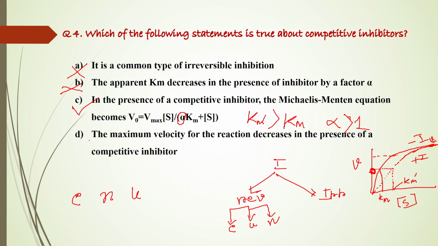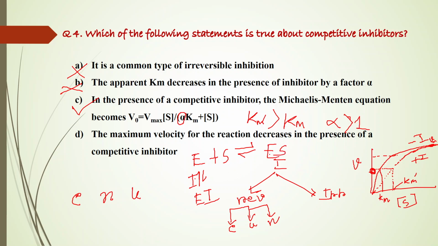Looking to the next one, the maximum velocity for the reaction decreases in the presence of a competitive inhibitor. Just now in the graph I have shown, because in case of competitive inhibitors, as we discussed in the last class as well, the substrate and inhibitor both compete for the active site of the enzyme.